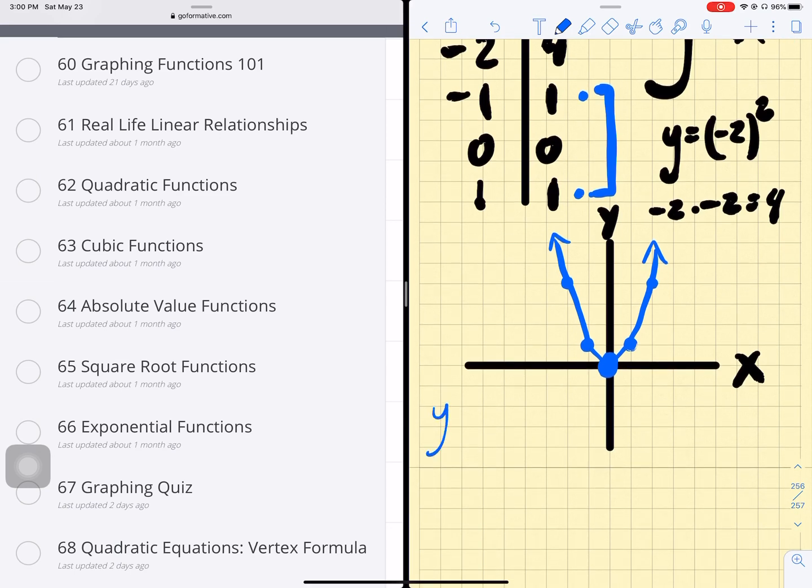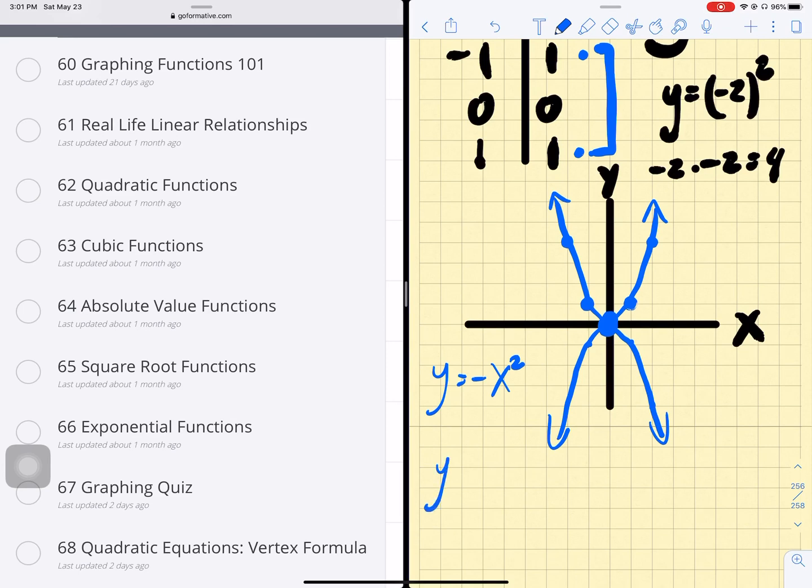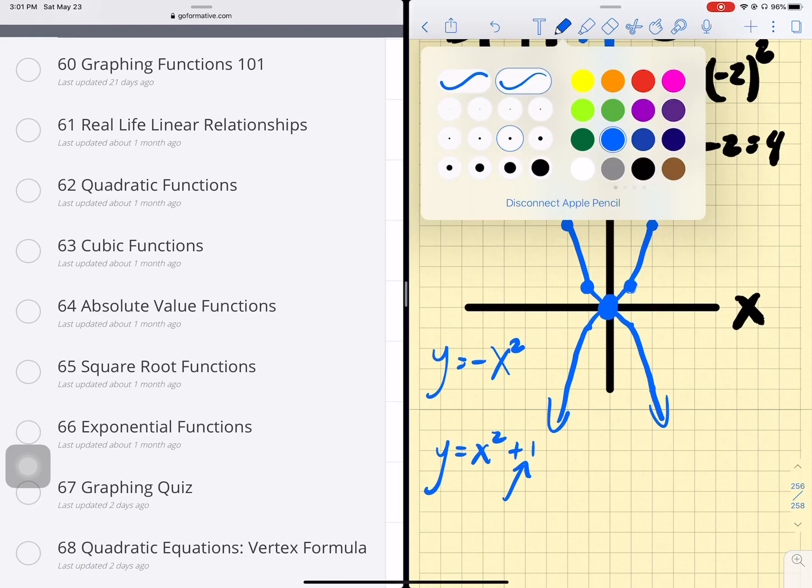A couple things to note. If it said y equals -x squared, it'd be the exact same thing, but opposite going down right here. So it'd be like this. And if it said y equals x squared plus 1, and you see this plus 1 here, what that means is it would not start at 0 anymore. It would start at the 1 on the y-axis.